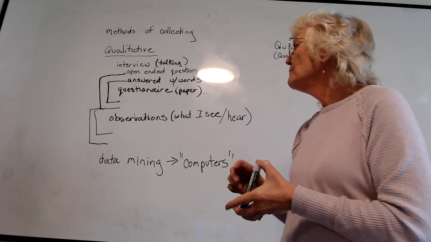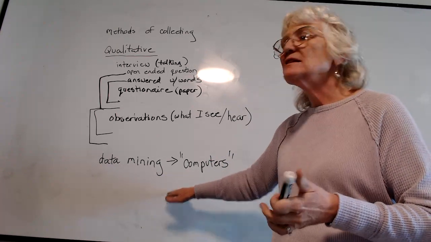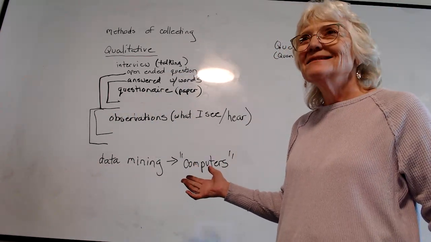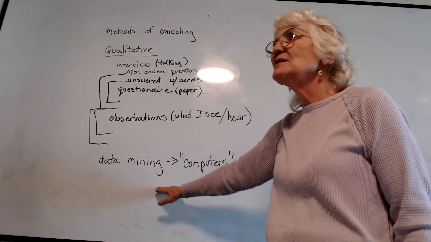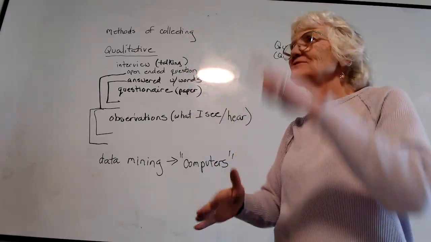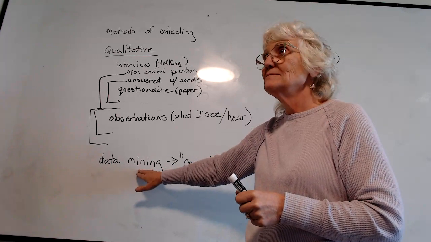Okay. So this data mining thing, what they do then is they just start looking for similarities. This huge pool of data, they look for similarities. And then they try to come up with correlations and all sorts of things from that. This is a huge industry right now.